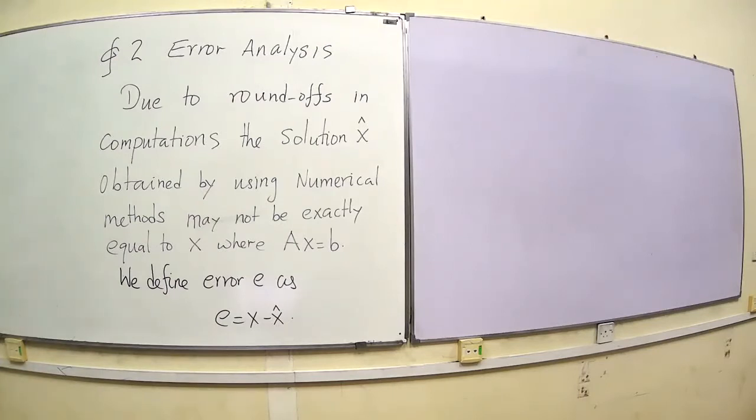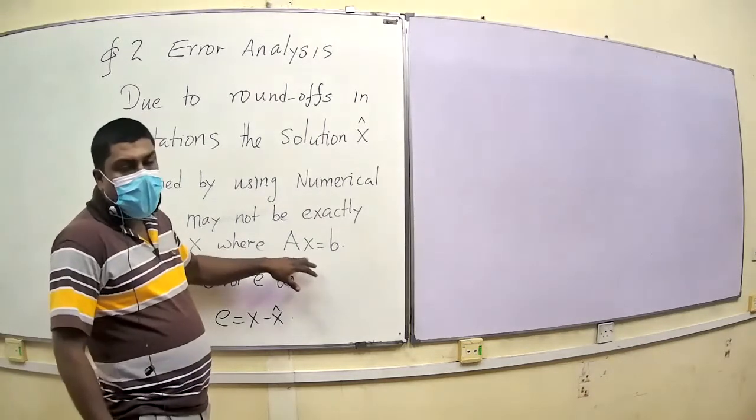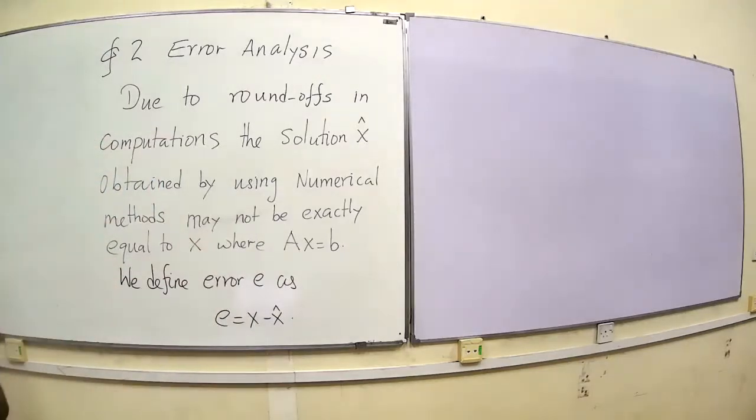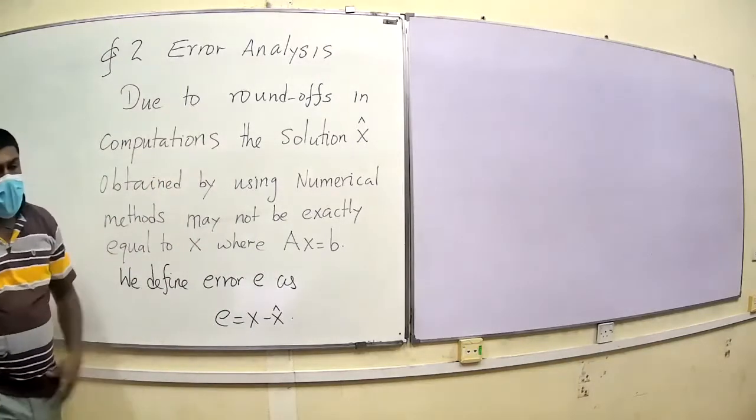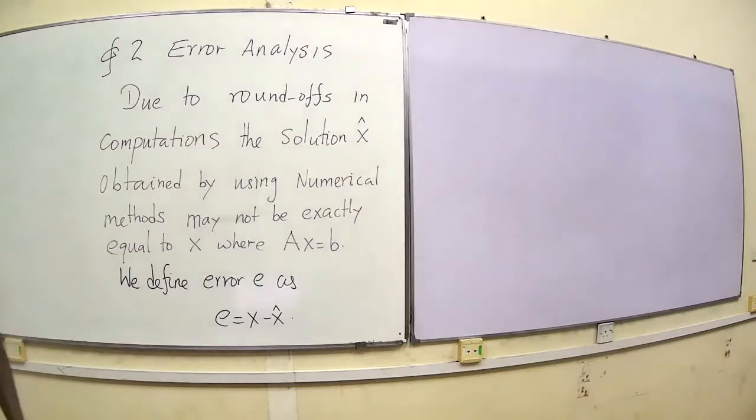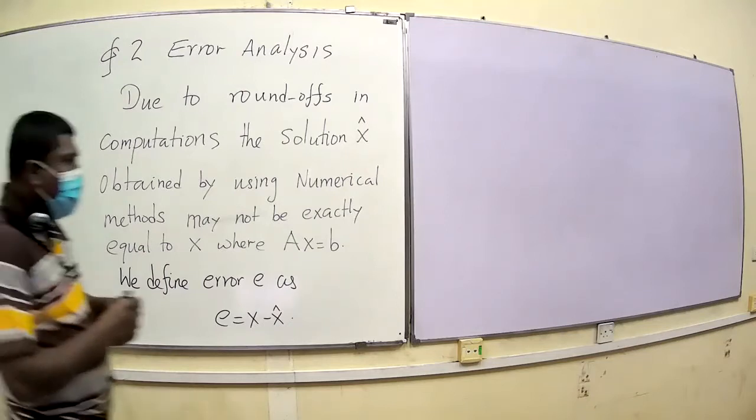Obviously, you don't really know the error in a real problem, because when you are solving a system, you actually don't know the real solution. You just have only x hat, and by the nature of the computation, you know that it is just an approximation but not the exact value. So we need to look for a different mechanism to estimate this error, right?